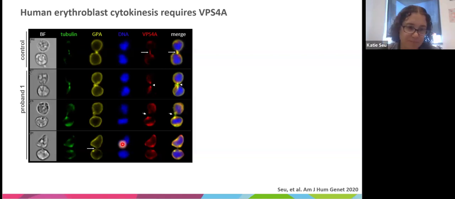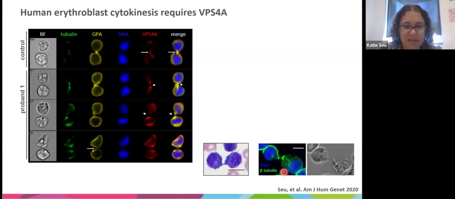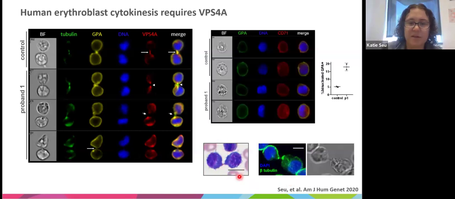And so we did look at these more closely using confocal microscopy, because that is one caveat of the ImageStream, is you're not going to get confocal level resolution, but it's a trade-off for the high throughput capabilities. But as you can see, these are definitely cytoplasmic bridges without any DNA or tubulin in them, just like we observed in the patient's bone marrow aspirates.